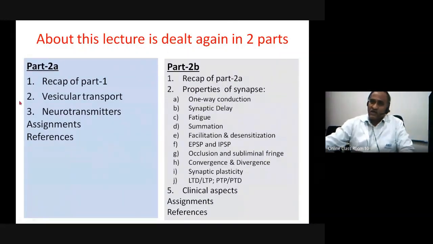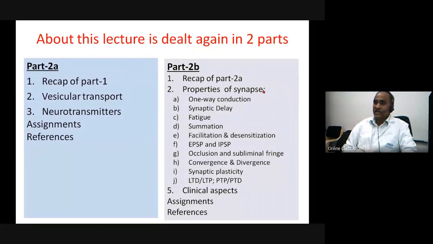Today I will be covering two important aspects: the vesicular transport mechanism at the presynaptic level, and the neurotransmitters. The remaining part, especially the properties of synapse, is a big topic, and I would unnecessarily be rushing you all, so I want to cover it in a separate class, the next class.